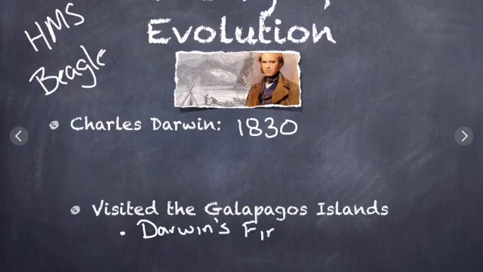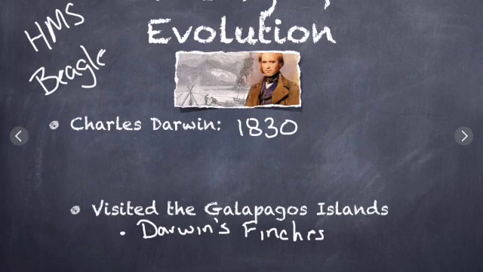He went to about 13 different islands, and all these islands had a slight variation of the finch. He said there has to be some mechanism in place that caused all these finches to have slightly different beaks.